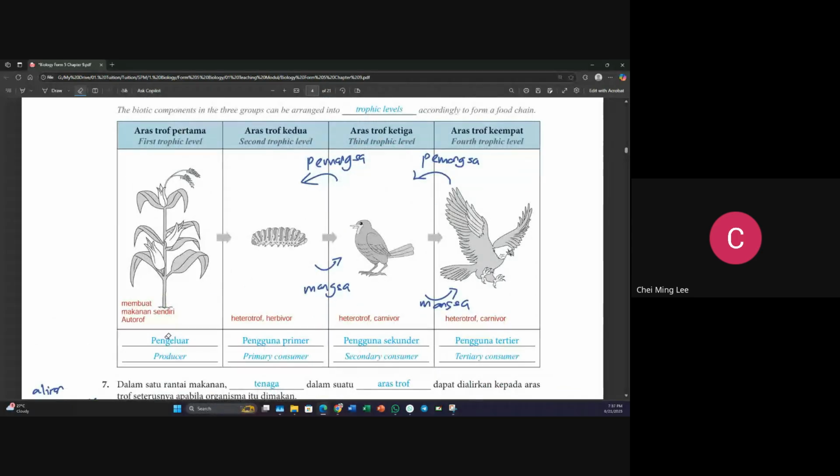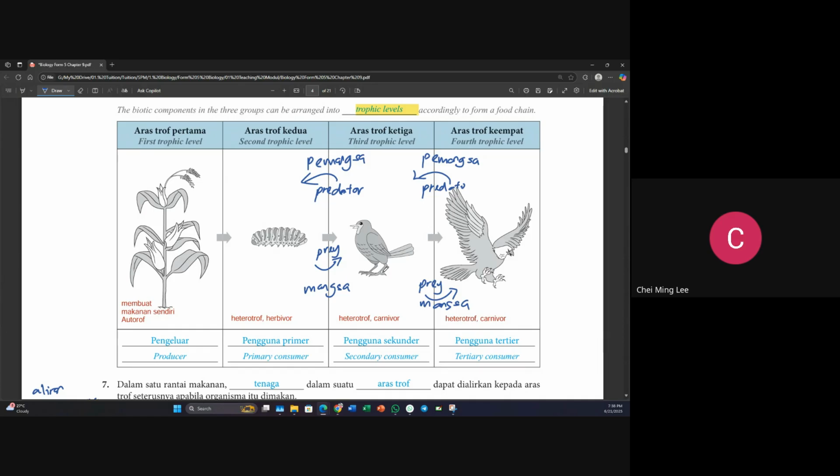The biotic components in the tree group we can arrange into trophic levels, accordingly forming a food chain. Normally the higher level will be the predator to the lower level, so the lower one will be prey.